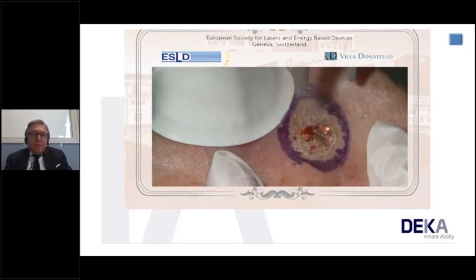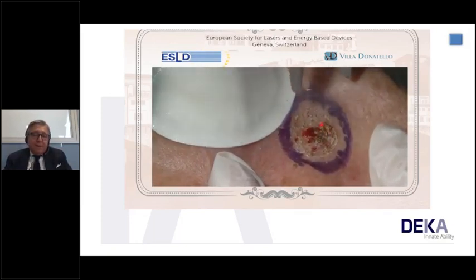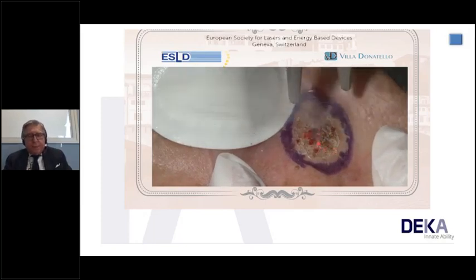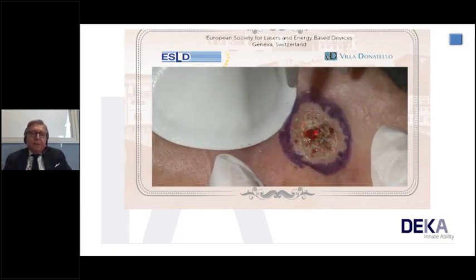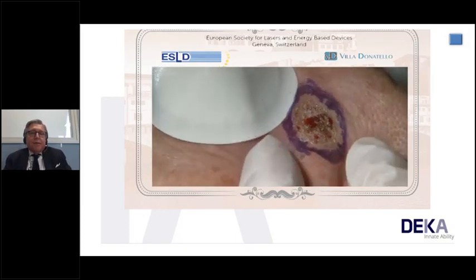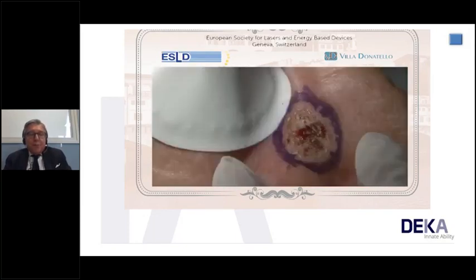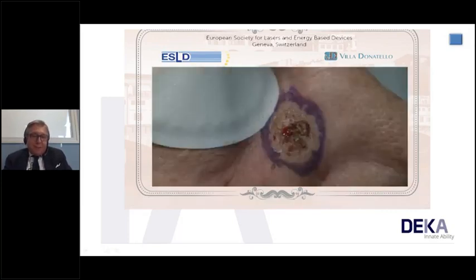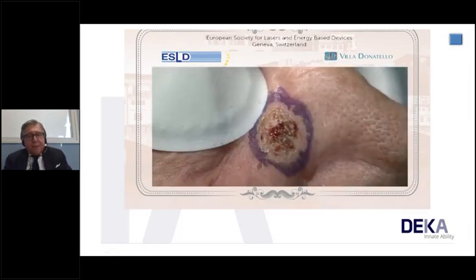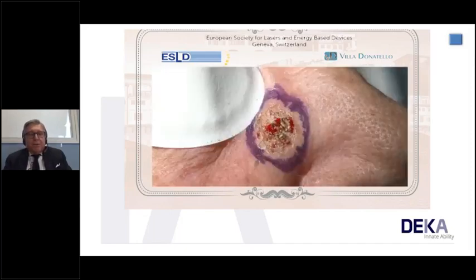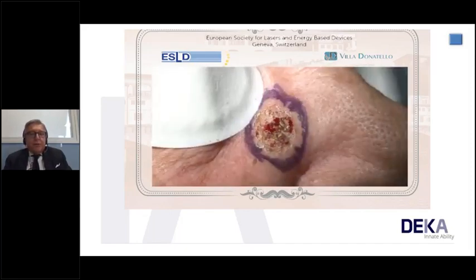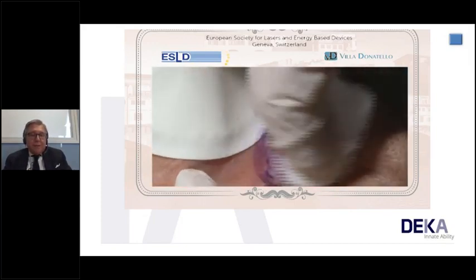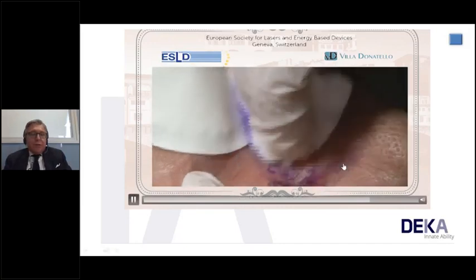The first is to be very effective. The second is to be conservative in the sense of the cosmetic results, because we and our patient have one common goal: to be precise, time effective, and above all, to ensure safety all the time. So with this kind of procedure, we can reach all these goals.